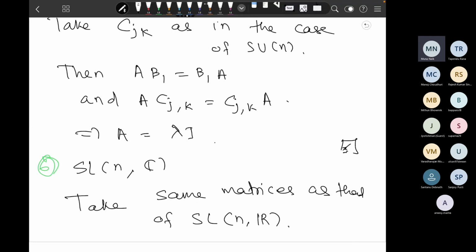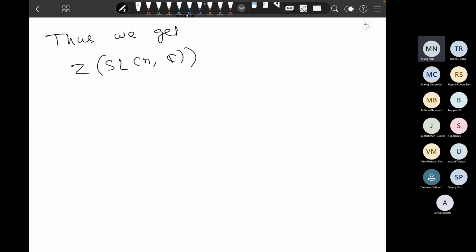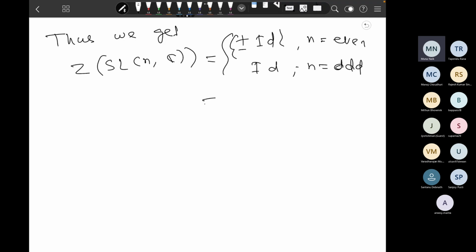After that, just use the fact that the determinant of a matrix in SL is 1. So thus we get Z of SLNC is really plus minus identity if n is even, and identity if n is odd. And this is same thing as really Z of SLN.